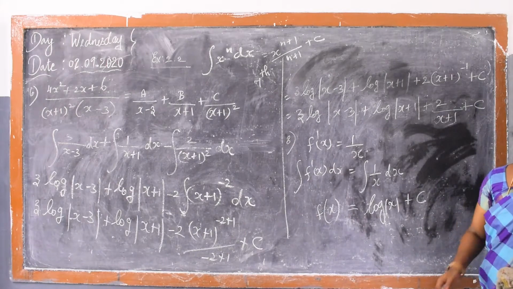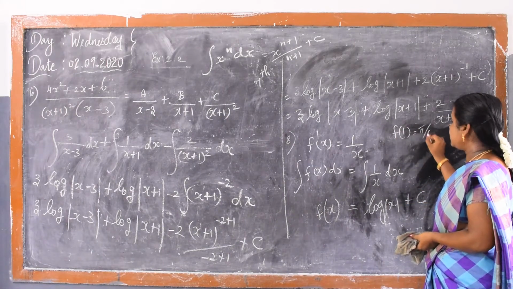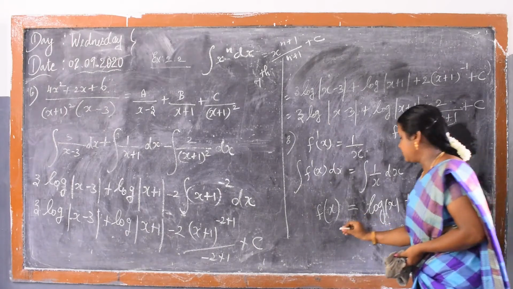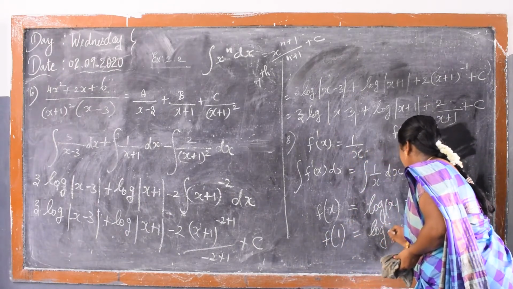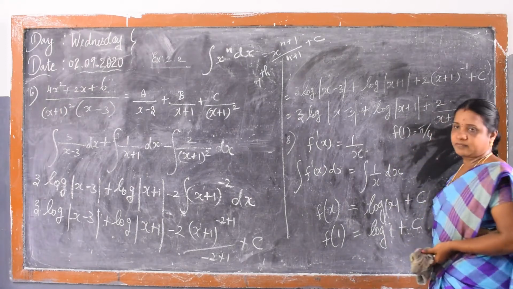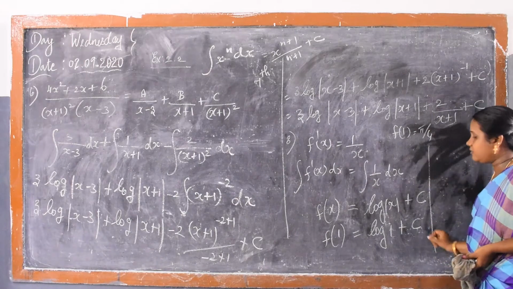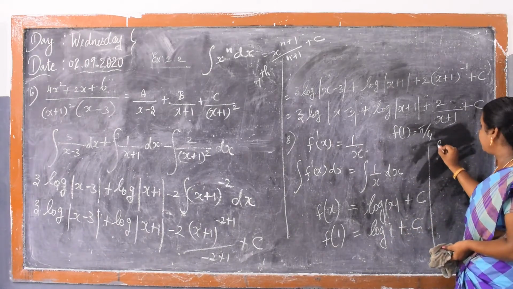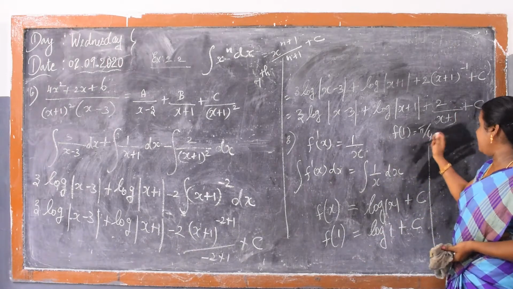See our question here. What is the value given? F of 1 is equal to pi by 4. That means in the place of x substitute 1. F of 1 is equal to, x equal to 1, substitute, log 1 plus c. Already you know what is the value of log 1? Log 1 value is 0. The value of f of 1 given in the question itself is pi by 4.